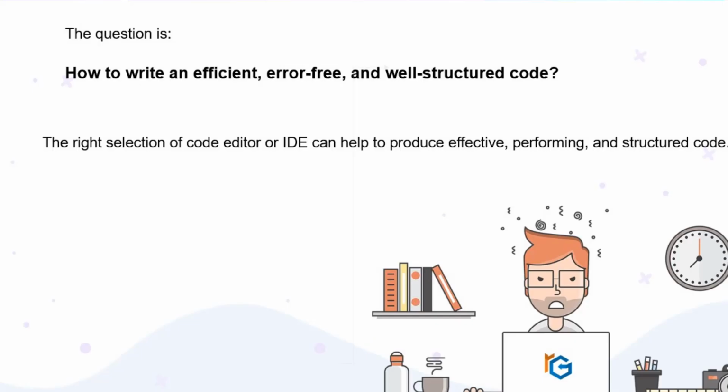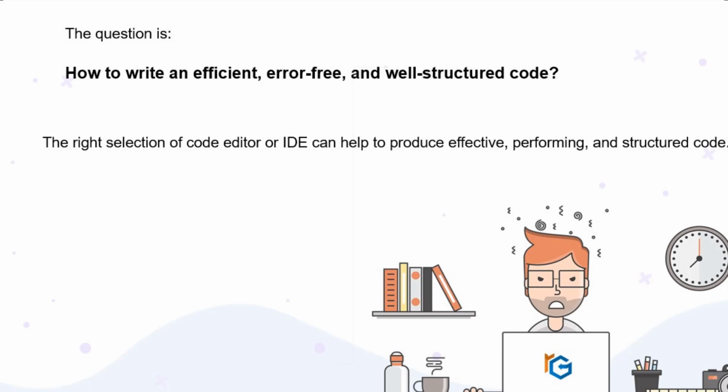There is a question: how to write efficient, error-free and well-structured code? We give the computer a program with a certain set of instructions, and the computer acts according to that program.